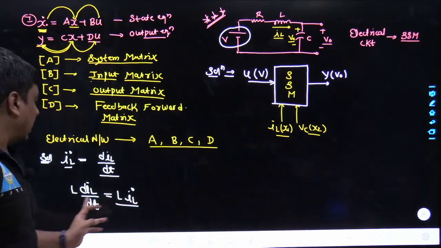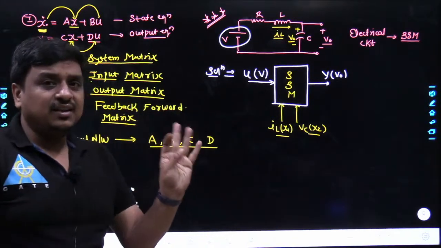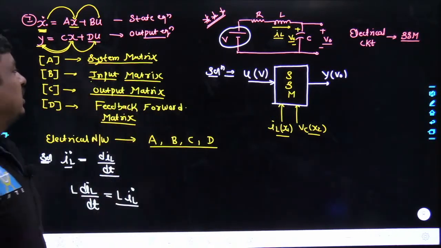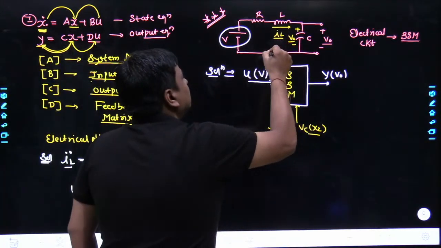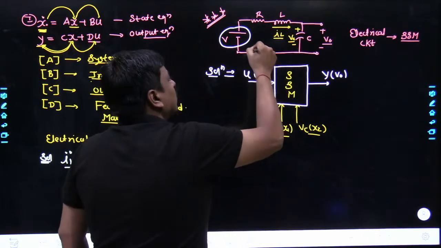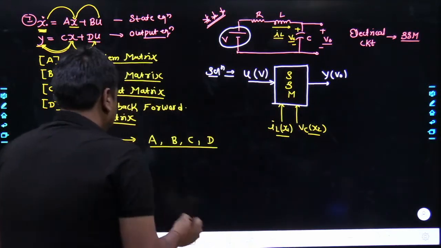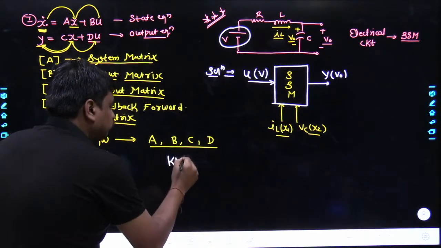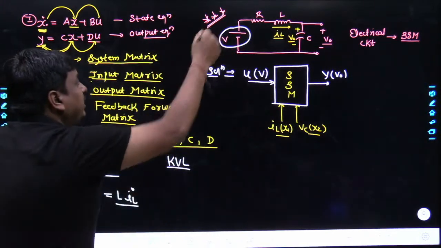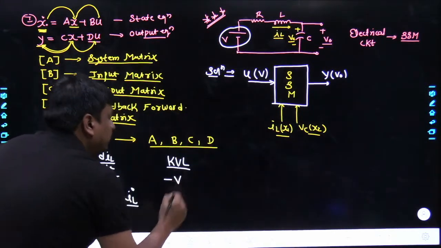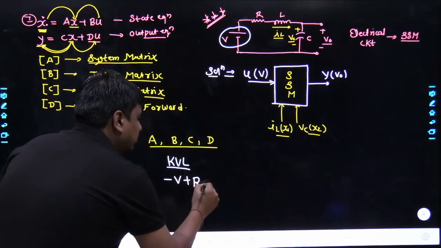So how can the IL dot be written in terms of VC, IL and input V? That's very easy. Once you take a complete KVL across this loop, the minus sign is what I strike at the very beginning, at the minus terminal of V. So it's going to be minus V. And then goes R. How much current is going to flow across the R?